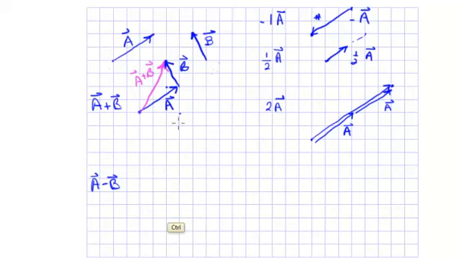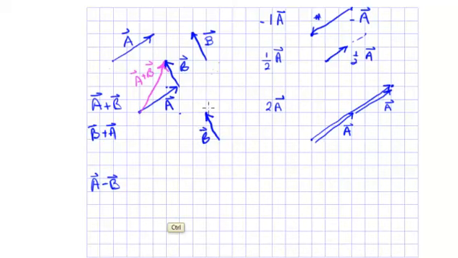Vector addition is commutative, so I could have done it also by going like this. I could have done b plus a. I'm going to get the same result. So to do b plus a, I would go b first, up 2 over 1. So there's b.